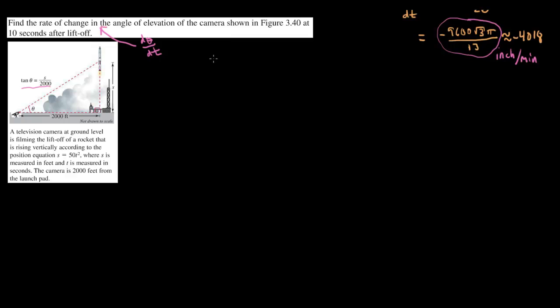So what's the derivative of tangent theta with respect to t? The derivative of tan theta is secant squared theta, but I took the derivative of a theta term with respect to t, so times d theta dt. Okay?